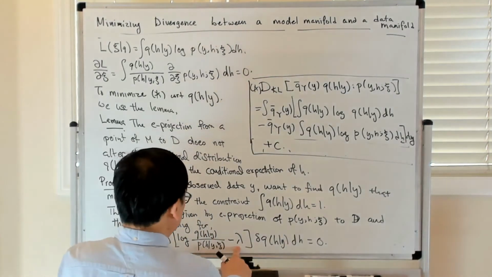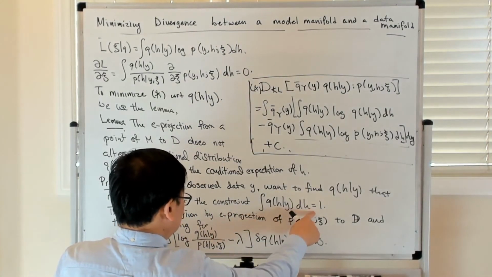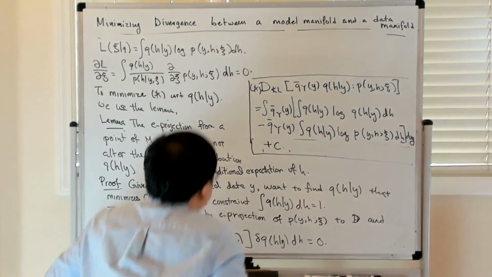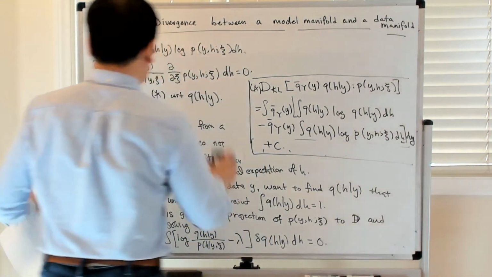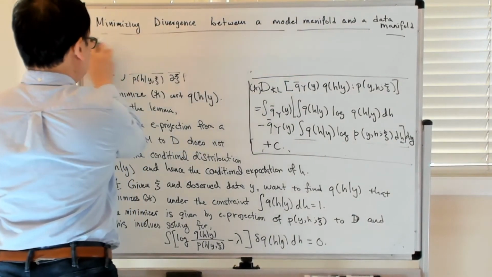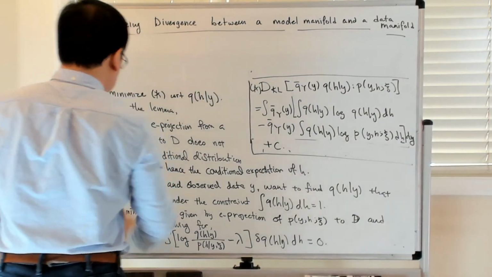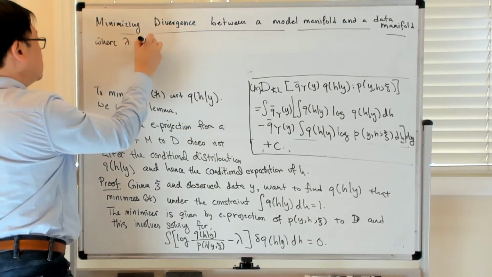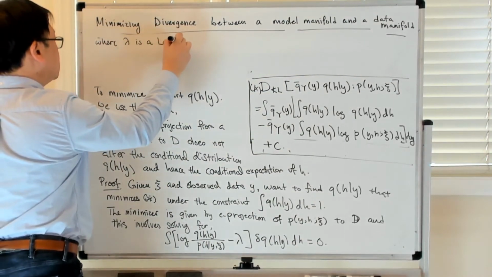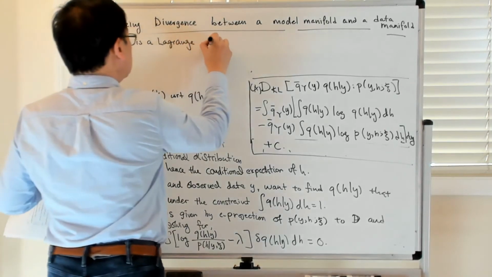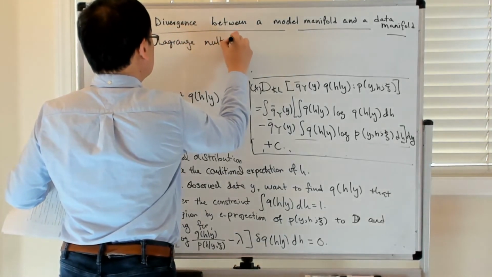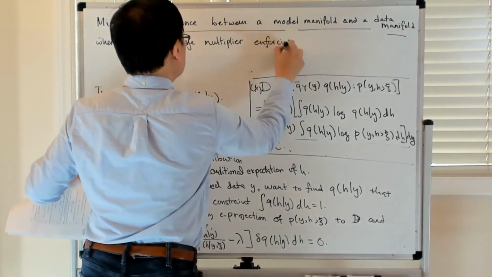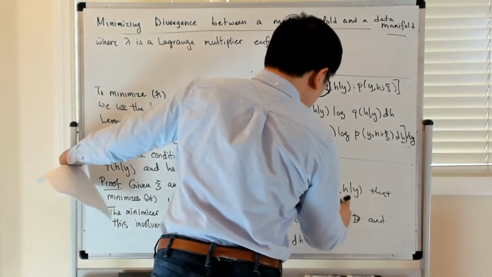Lambda is a Lagrange multiplier which enforces this normalization constraint. Let's call that star star.